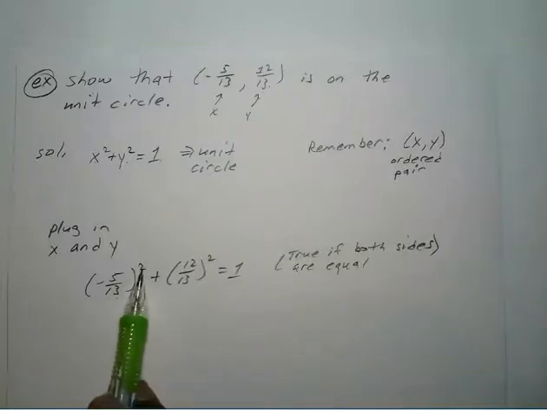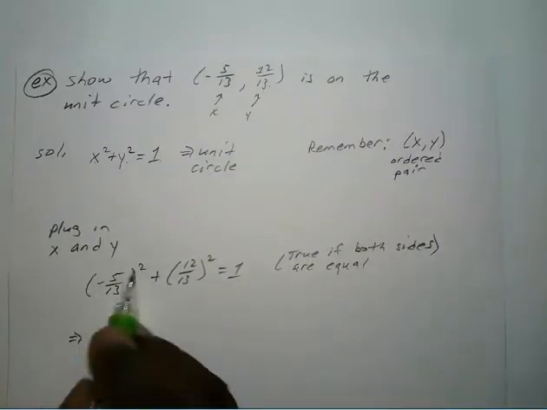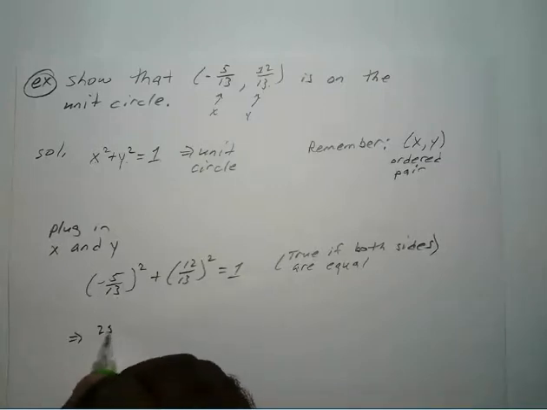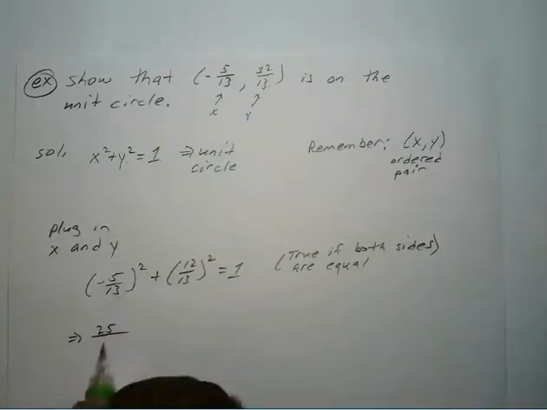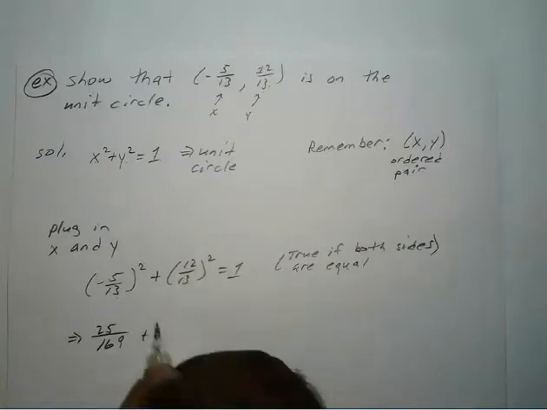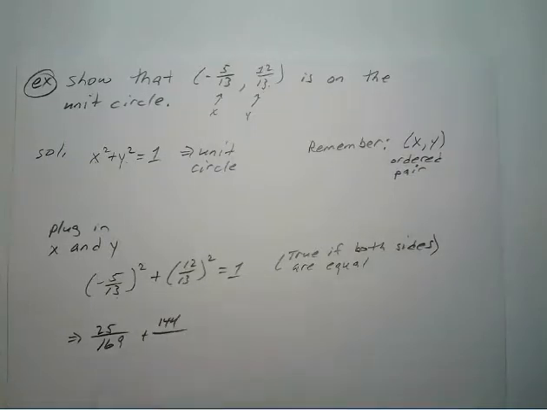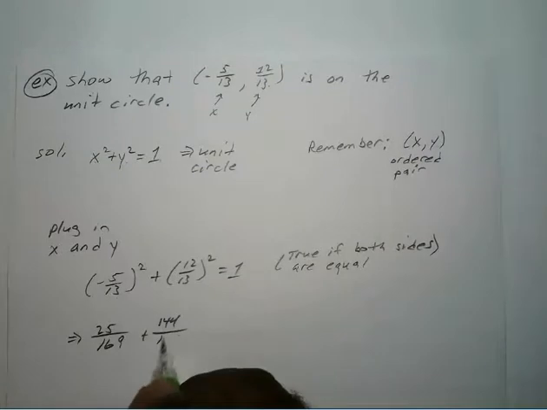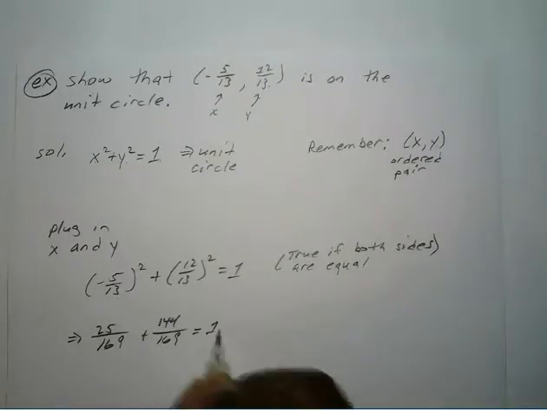Alright, so any negative squared is going to come out positive, so we're okay there. So you have 5 squared, which is 25, over 13 squared, which is 169, plus 12 squared, which is 144, over 13 squared, which is 169, equals 1.